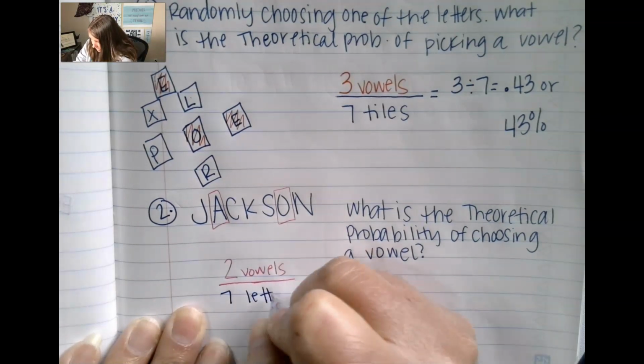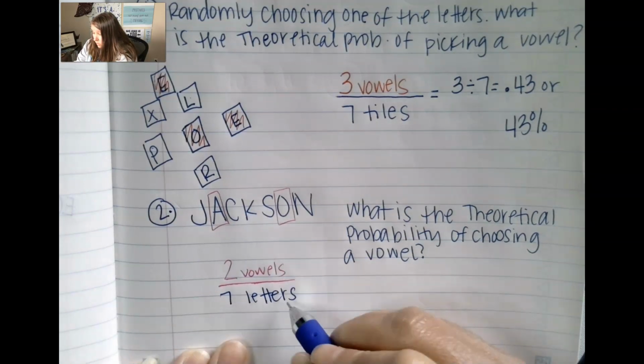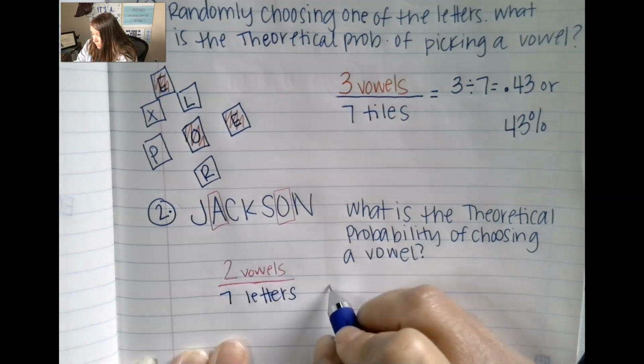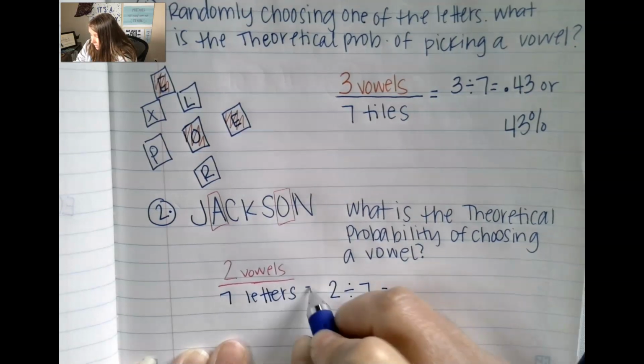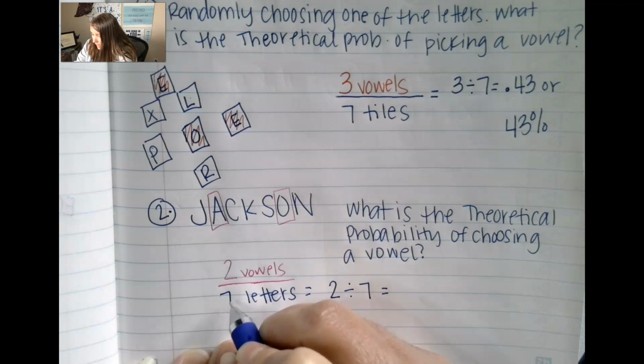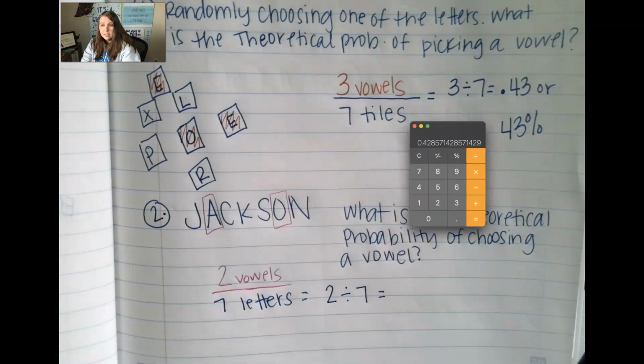7 letters total. Again, we're just going to now use division. We're going to do 2 divided by 7, and that's going to give us a decimal. So let's do it. 2 divided by 7 gives us a decimal of 0.285.